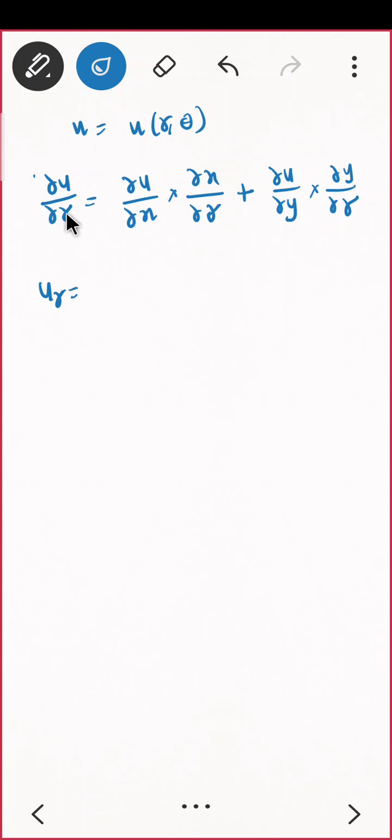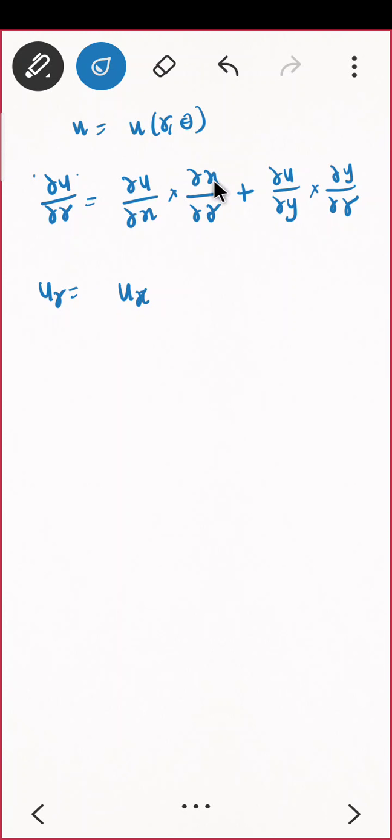Just think about it. This is possible because u can also be written in terms of x and y, so I am writing it as ux into derivative of x with respect to r. The dx cancels, you can consider. So you'll observe that this is the same as du by dr only. So in shortcut form, you may write this as ur equals ux, and what is the derivative of x with respect to r?